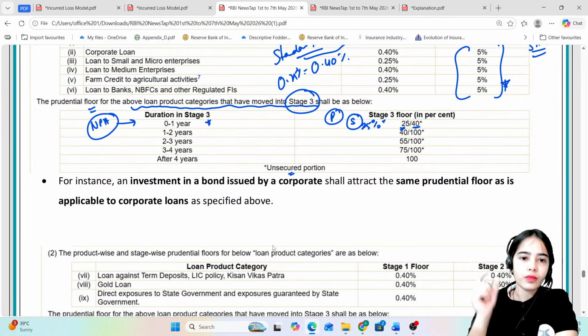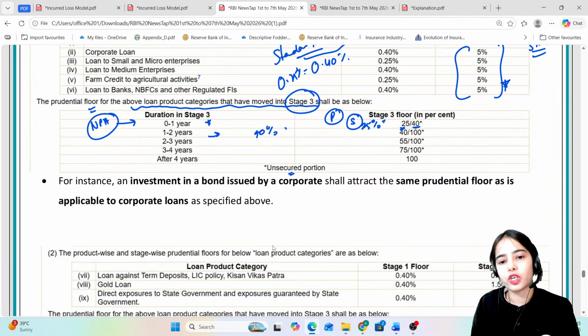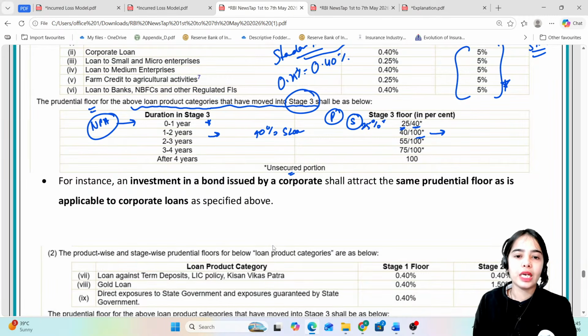In the next year, 40% of provisions for the secured loans and 100% of provisions for the unsecured loan. Then in the third year, 55% of provisions for the secured loans, fourth year, 75%, and then 100%.